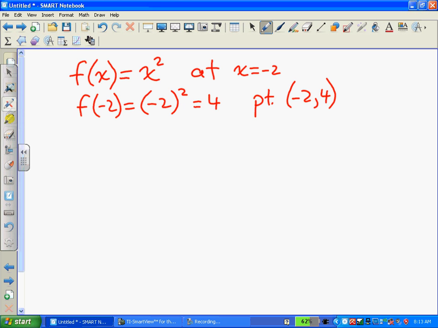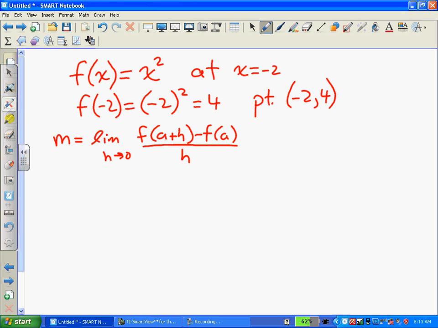The slope at any given point, we looked at that on Monday, was the limit as h goes to 0 of f of a plus h minus f of a, all over h.